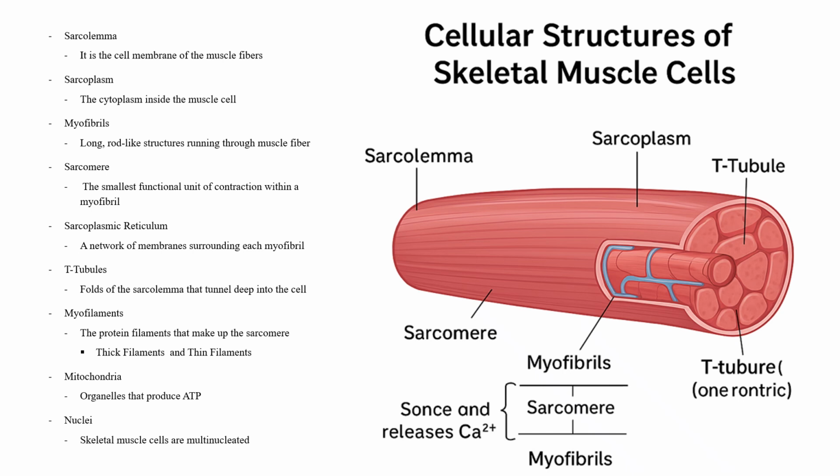When calcium is released, that's what triggers contraction. Then we have T-tubules that carry the signal deep into the cell, and the triad, which is one T-tubule with two portions of the SR. All these structures are arranged to make sure that when your brain sends a signal, your entire muscle fiber responds in perfect coordination.